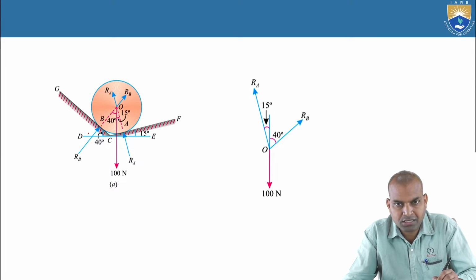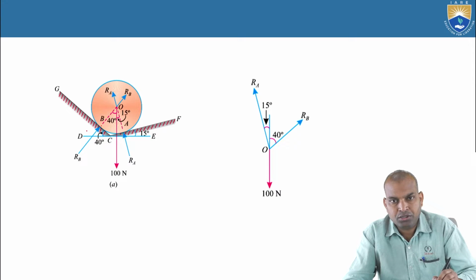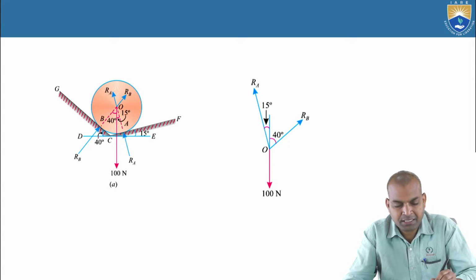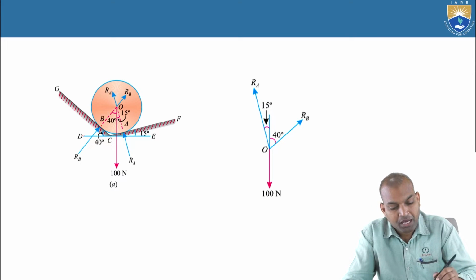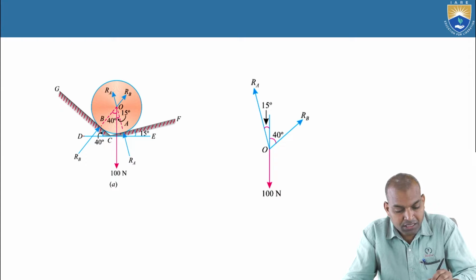By using the fundamentals of geometry, the angle made here is 40 degrees, between DC and GC. If you draw a normal to the lines, the intersection of those normals also makes the same angle. Now, this is the line. A reaction force of 100 newtons is acting downwards.